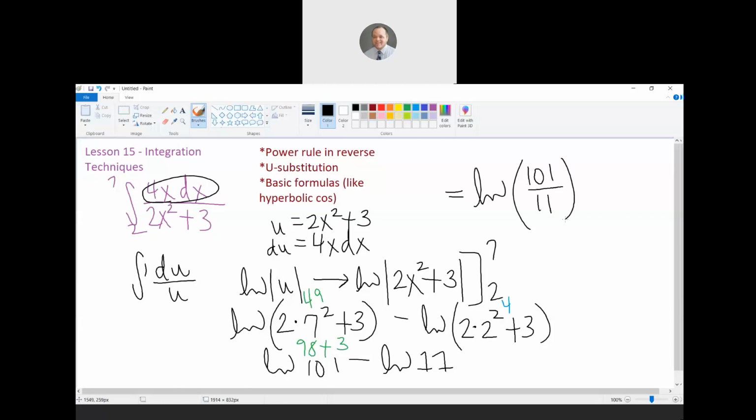So natural log of 101 over 11 is it. We are familiar with u-substitution. However, I wanted to start off with that type of method and then lean into the others. Any questions, y'all, about the first problem?